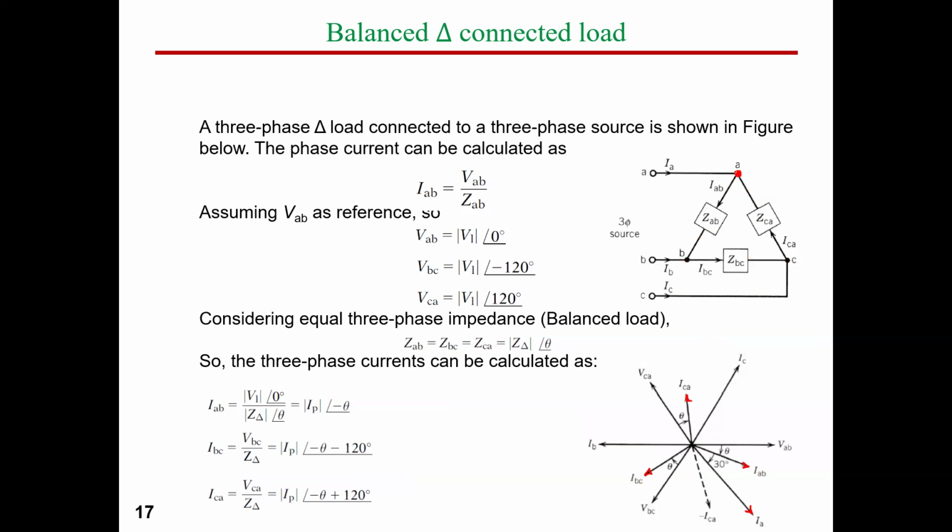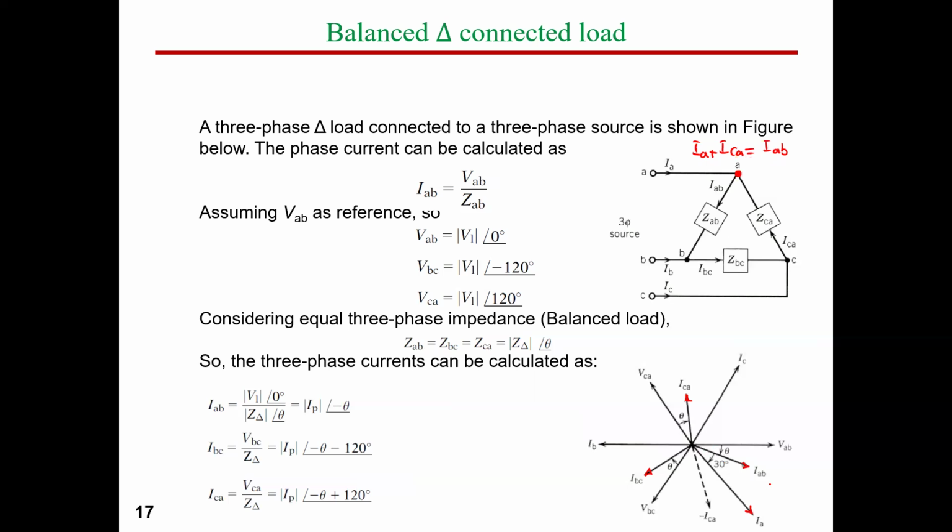Okay, so let me write down this here. So I can say here at this node, IA, this is entering the node, plus ICA entering also the node, equals IAB, which exits the node. So I would like to get IA, so I can say it's IAB minus ICA.